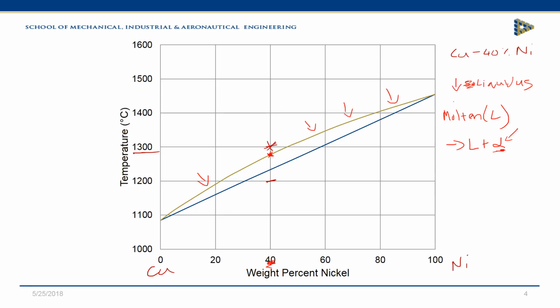I go and look at my isopleth again, which is this vertical line, 40% nickel, and I cool down, and where I hit my liquidus line, I now take across, and where that crosses my temperature axis, I work out the temperature.